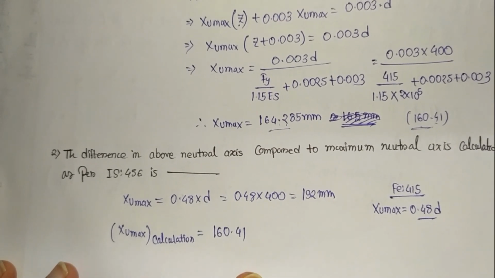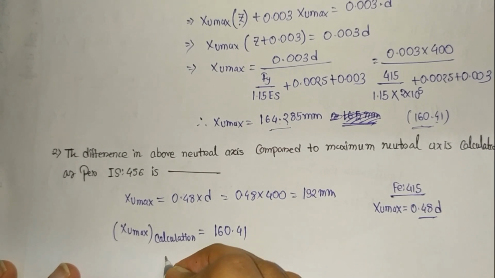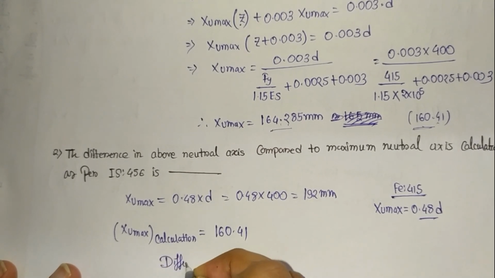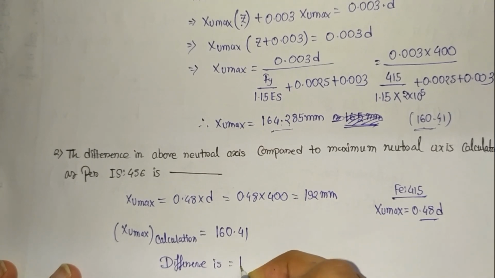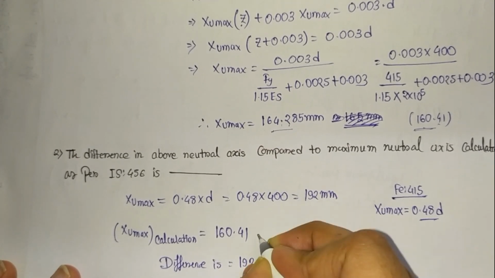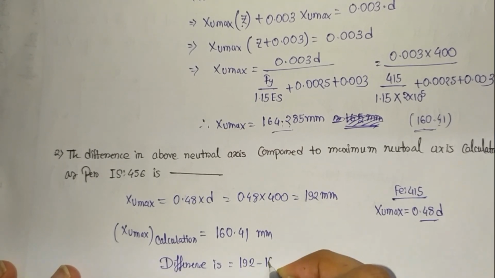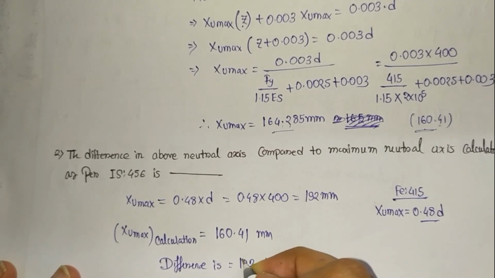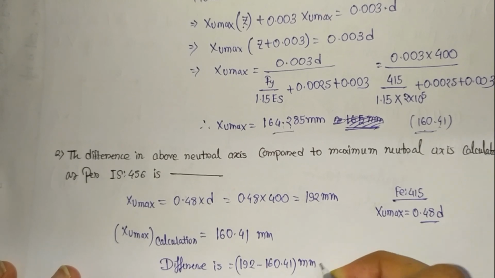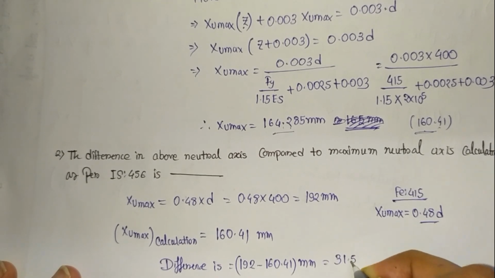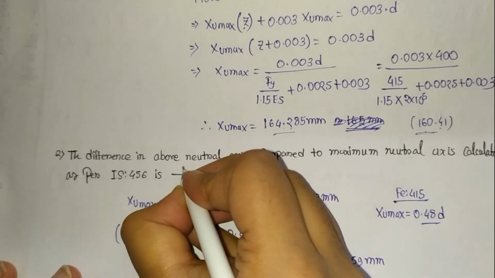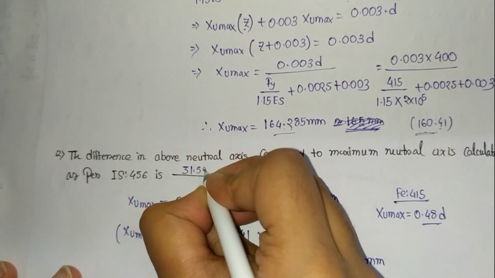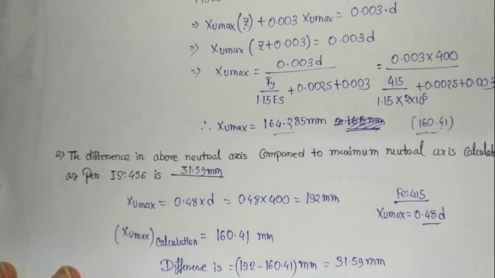Now we have to find the difference, so the difference is 192 minus 160.41 in millimeter, which comes to 31.59 millimeter. So the option for this is 31.59 millimeter.